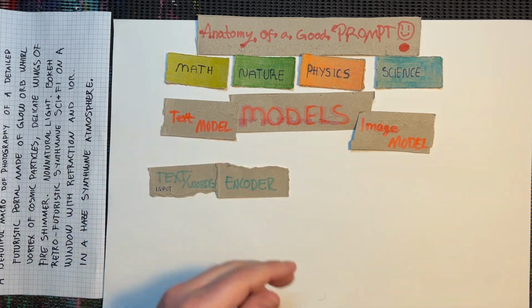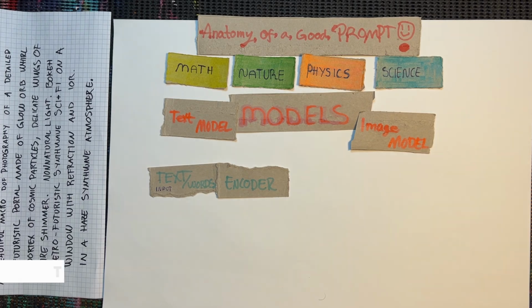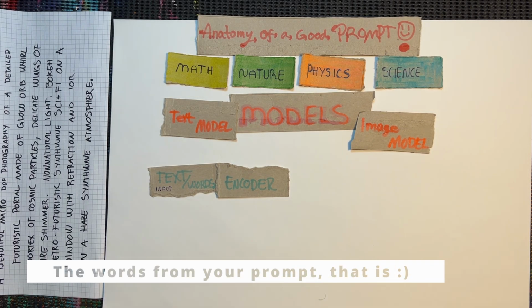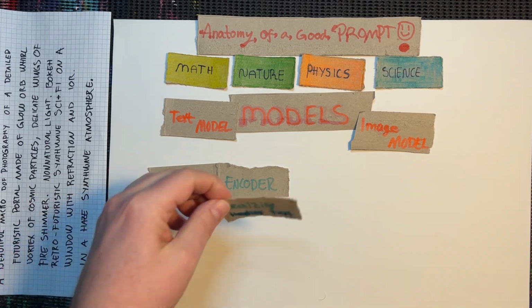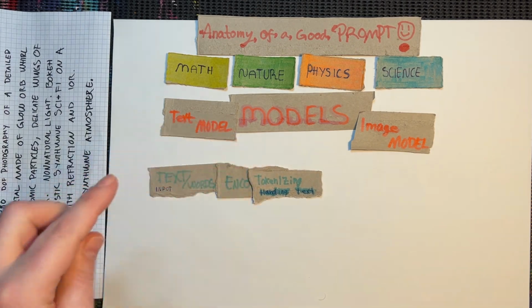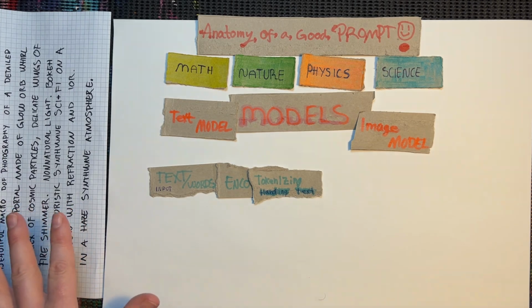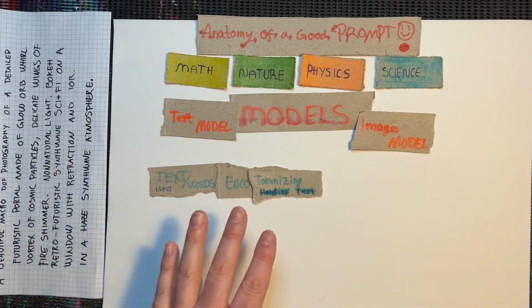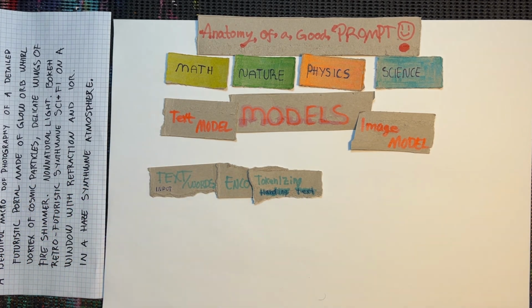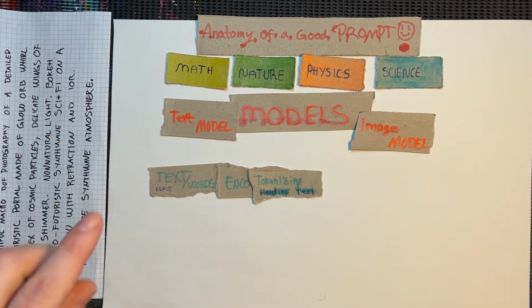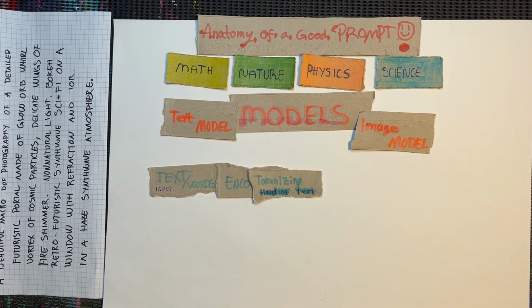You need to encode the text, and you need something that tells it what to do with the text. Then you have tokenizing, which will take pieces of the prompt, so to say, and feed it into the text model and get back results, because the text model has a lot of words. It's like a dictionary, but with a lot of words.